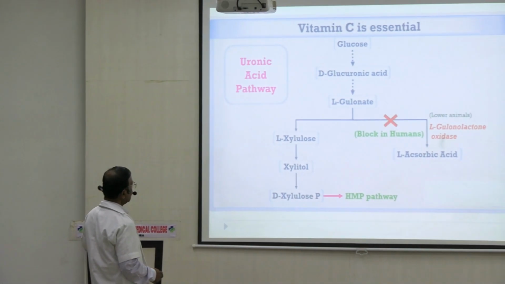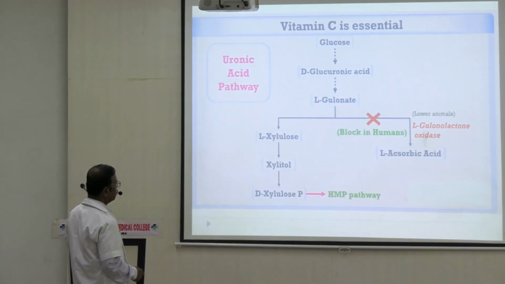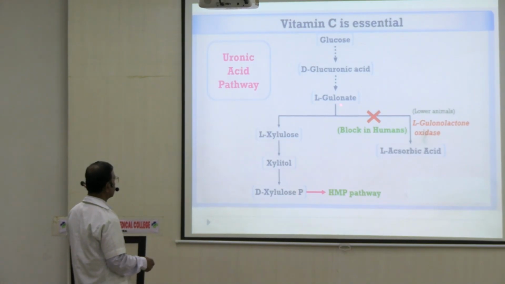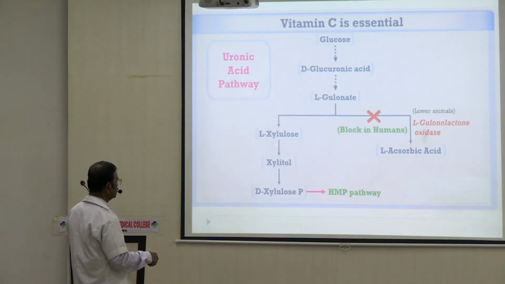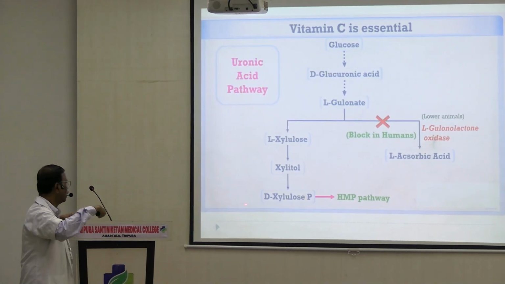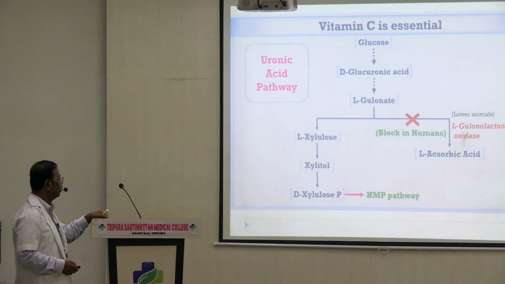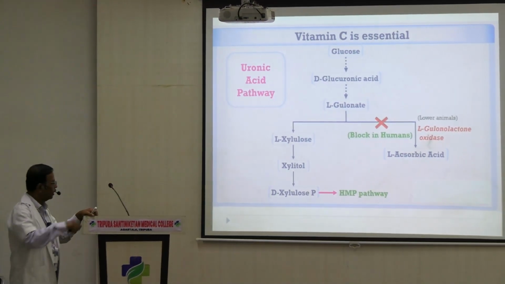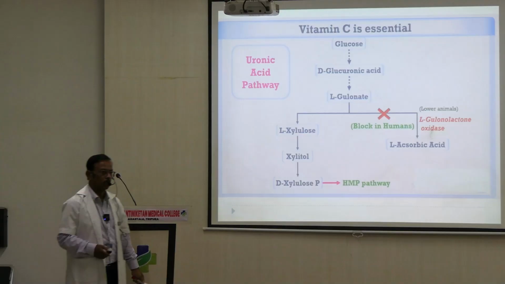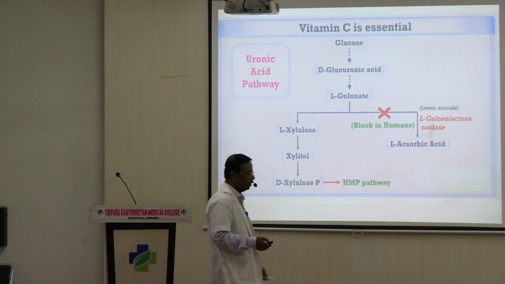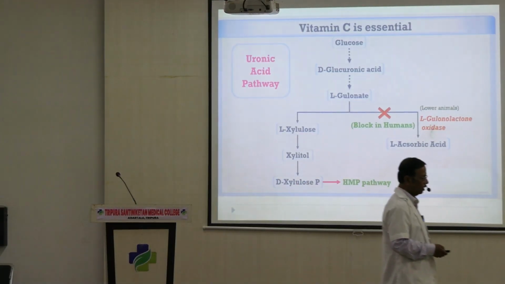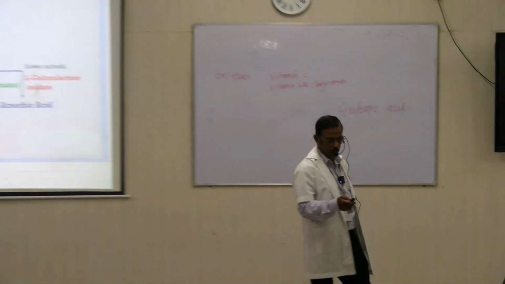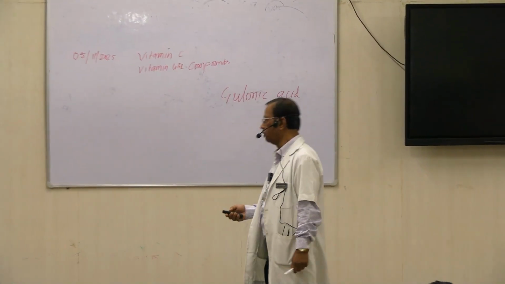Now, once the gulonate is formed, in higher animals, L-xylulose is synthesized, xylitol, and then D-xylulose phosphate is synthesized. That enters the HMP pathway. You will know it when we read glucose metabolism, carbohydrate metabolism.